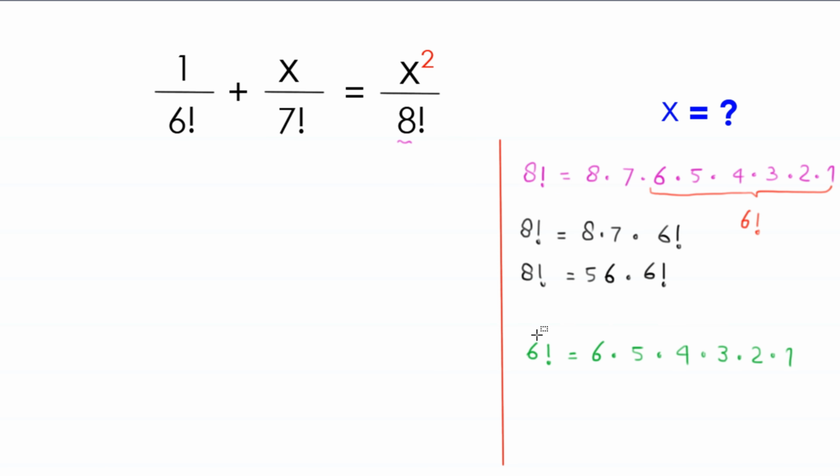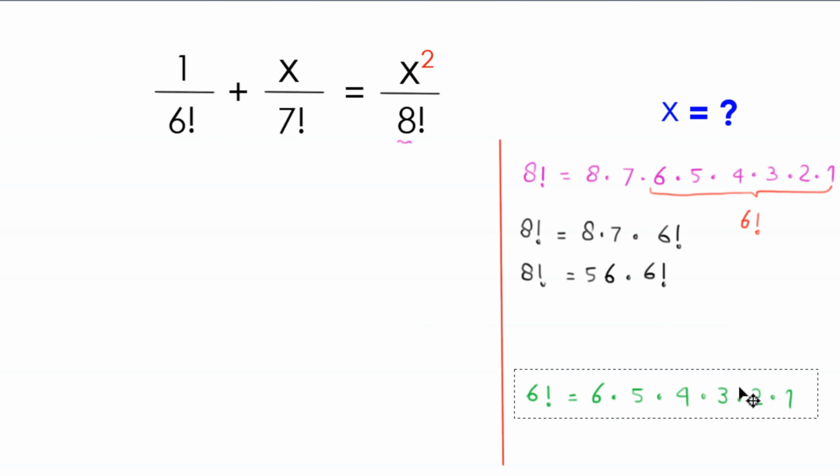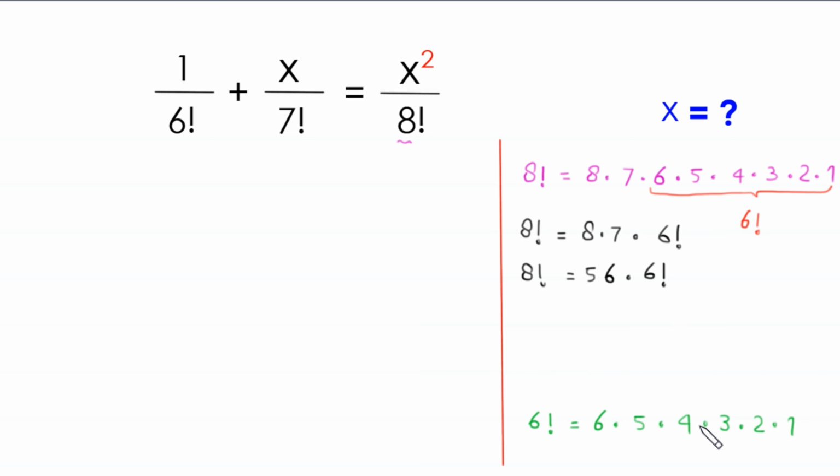We need some space here, so we move this line below. Now if we divide both sides of this equation by 56, this implies that 6 factorial is equal to 8 factorial divided by 56.